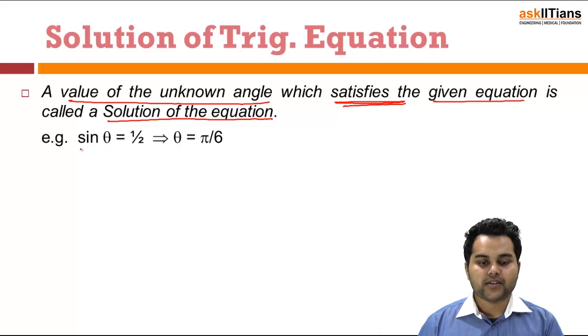For example, if I have sin theta is equal to half, that's a basic example. We all know that theta is equal to pi by 6. That's a basic value. I'm not saying that this is the only value that will satisfy the equation. I'm saying that it is one of the values.